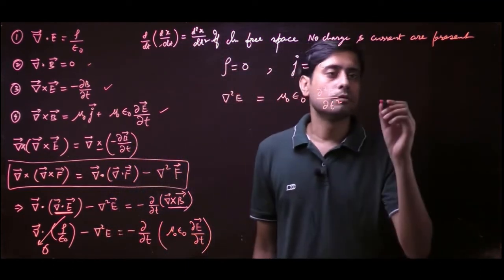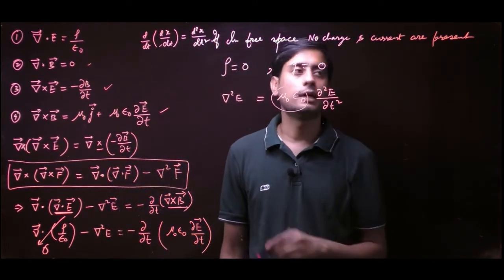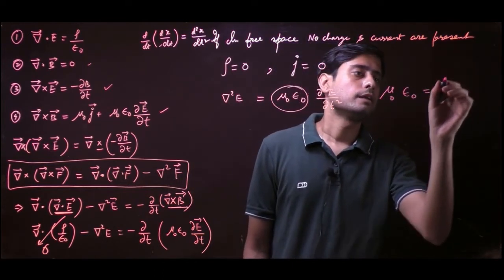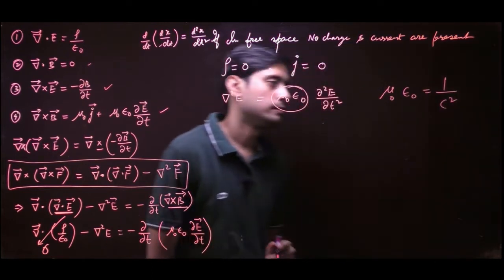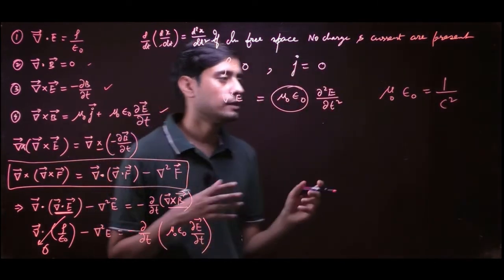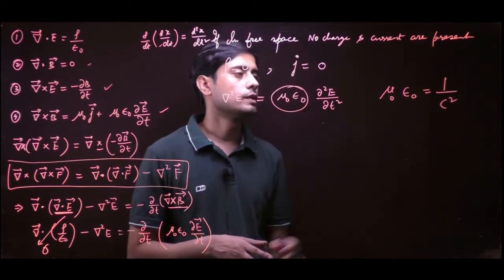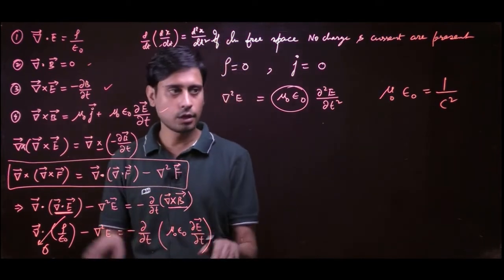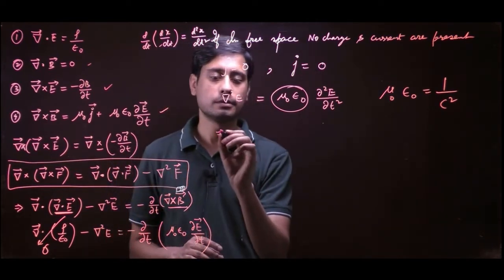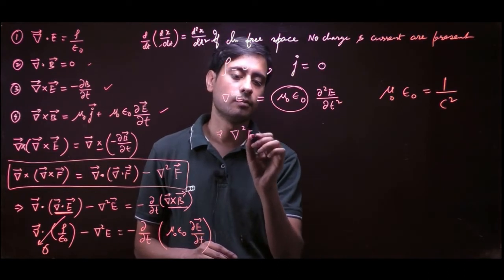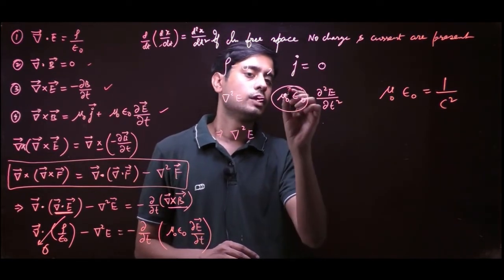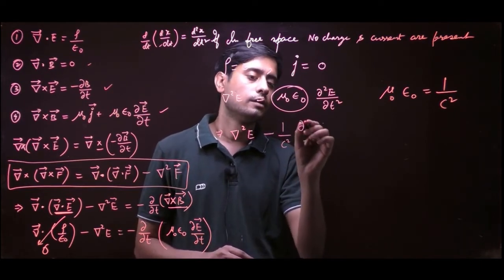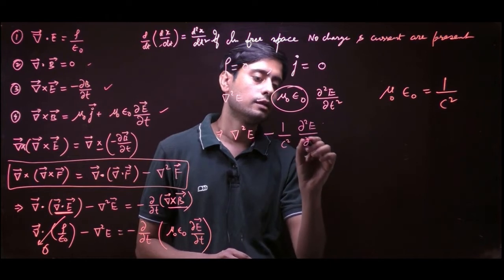Now this always surprised Maxwell, that mu naught into epsilon naught exactly gives you 1 upon c squared, and this indicates that light is a wave flowing with speed c. Now you write this as 1 upon c squared, taken to the left hand side: 1 upon c squared del squared E upon del t squared.